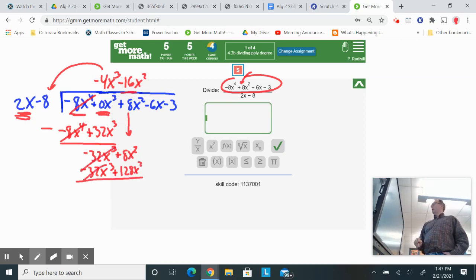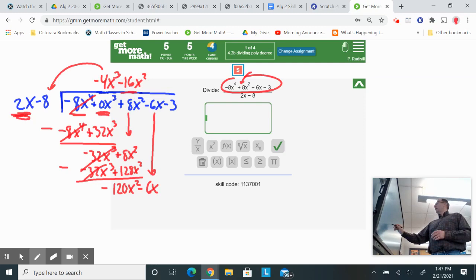That's why I have calculators handy. While you go and subtract, I have 8x squared minus 128x squared. Looks like it'd be negative 120x squared. What I didn't do last time until after the fact is I need to bring down the x term. Minus 6x here. What do I multiply 2 by to make negative 120? It would be negative 60x.